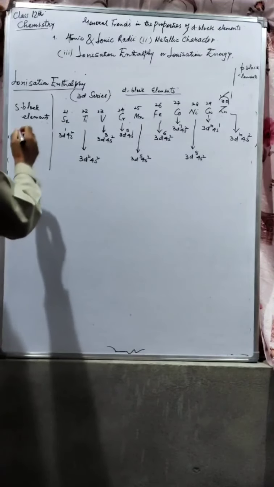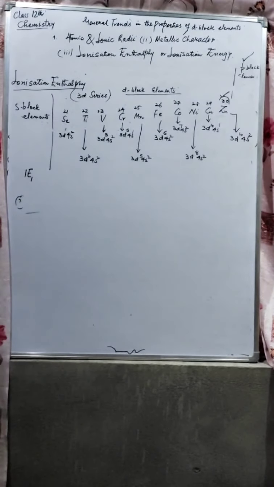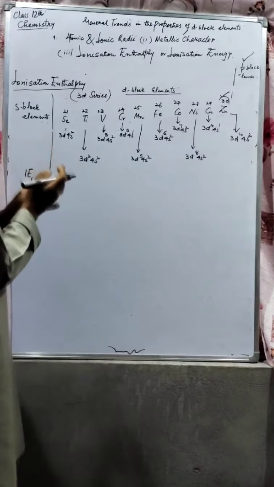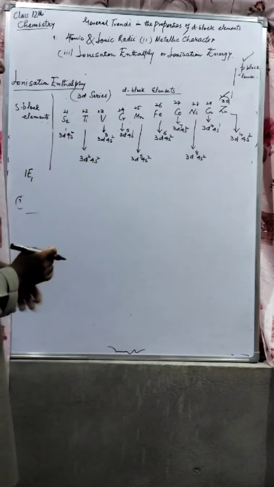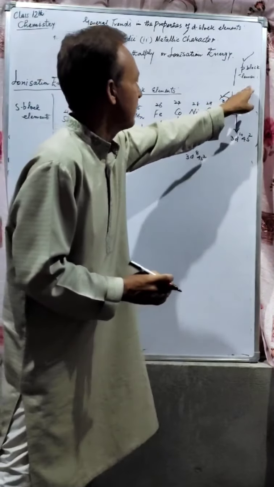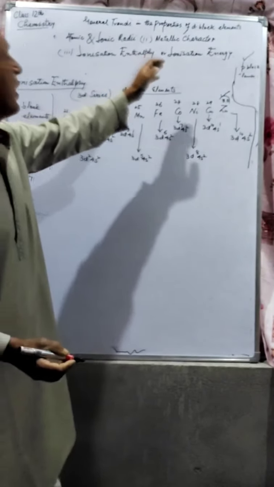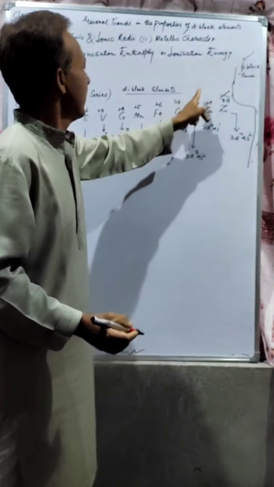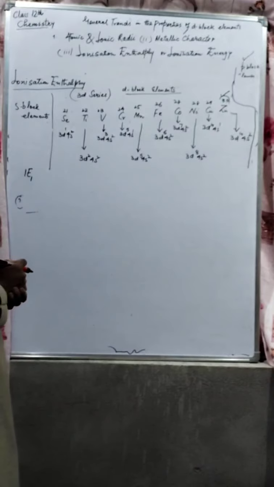Now, the ionization enthalpy of these d block elements is greater than s block elements, and it is lesser than p block elements. That means the ionization enthalpy of the d block elements or the transition elements lies in between the s block elements and the p block elements. The s block elements are on the left of the transition elements and the p block elements on the right of these transition elements or d block elements.